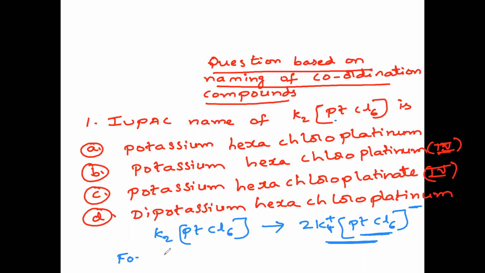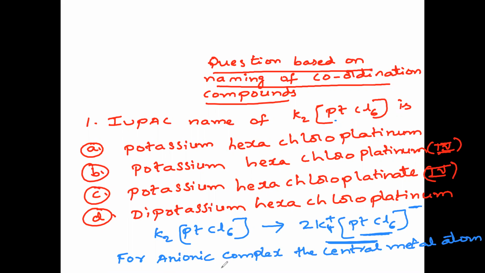Here I will add the hint: for an anionic complex, the central metal atom should end with -ate.